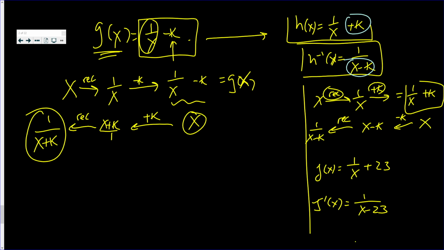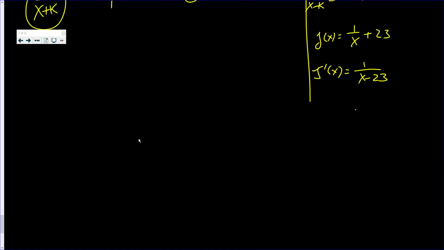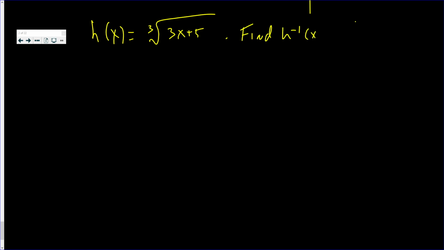Okay. So, let us do a couple more of these problems. Suppose I tell you that h of x is equal to the cube root of 3x plus 5. And I say, find h inverse of x and verify that it's correct.